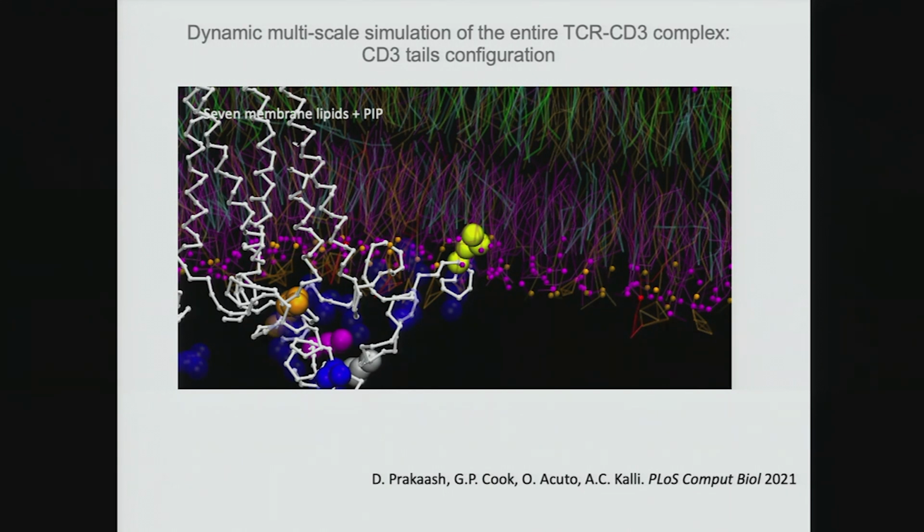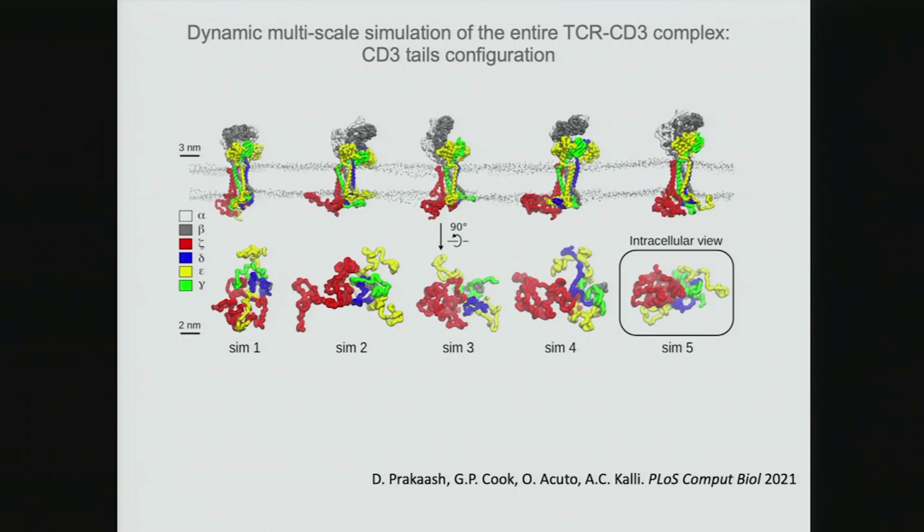But if you arrive at the end of the simulation, which is a bit longer than 20 microseconds, you can see one thing which is quite interesting: the tails are retracted, but in different simulations, or at least where they stopped, it is of course a random event, they get to the point of all the tails being attached to the membrane, in different configurations, which is quite interesting. And also, we notice, look at this, this is the alpha beta.